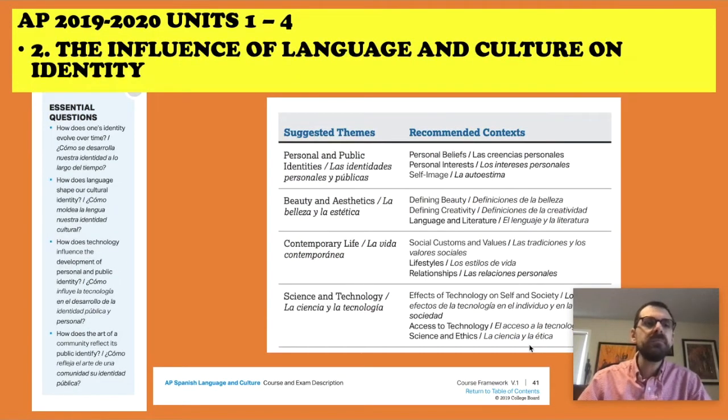The next one, Unit 2, was the influence of language and culture on identity. These are still the same 6 AP themes and sub-themes that were there prior, since the 2014, I believe, shift of the lens of the AP exam.